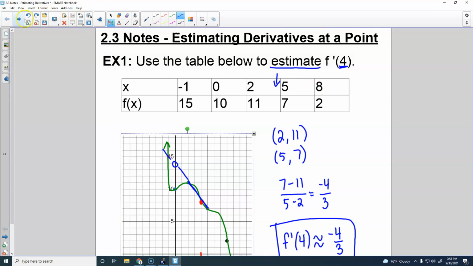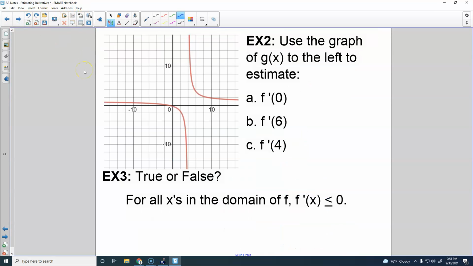Okay. So f prime of 0, that's right here. All right, now we are really estimating here. It looks to me like it's about negative 0.1. It is a negative slope. It is definitely less than 1.